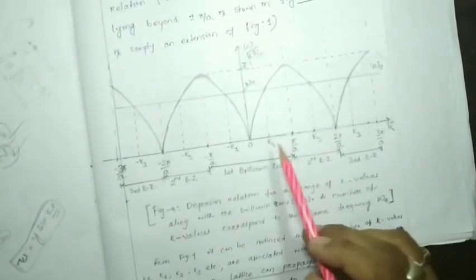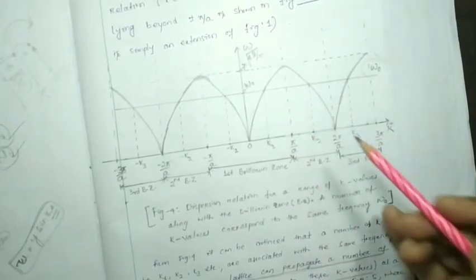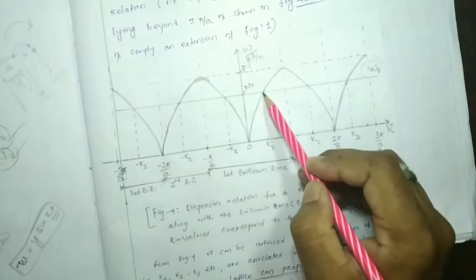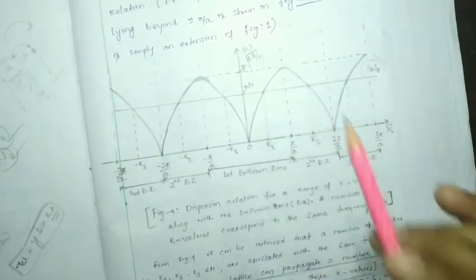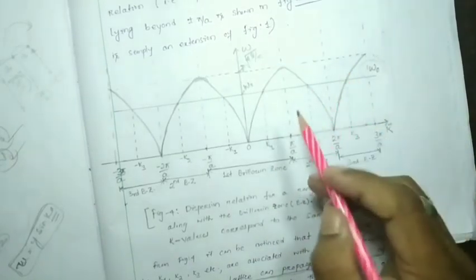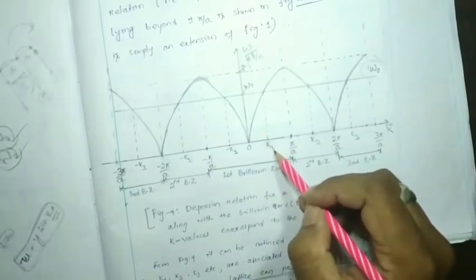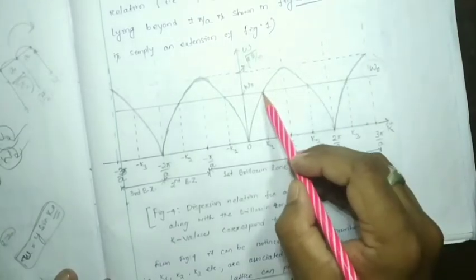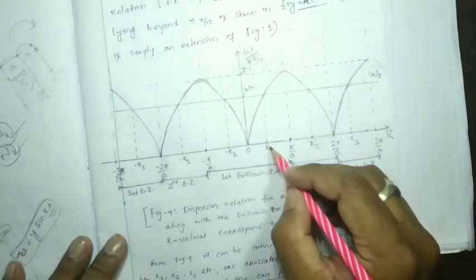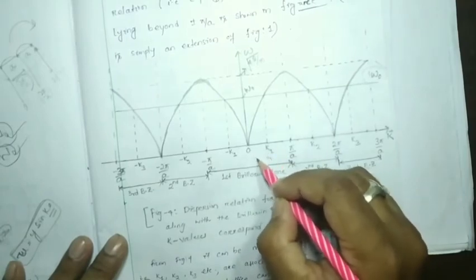So at different k values, obviously we are going to get different wavelengths. That means at k1 the frequency is omega 0. Try to listen carefully. For a vibration having k1, the frequency is omega 0, or we can say that for a dynamics having k1, meaning the corresponding lambda 1, the frequency is omega 0, because k1 is nothing but 2 pi by lambda 1.